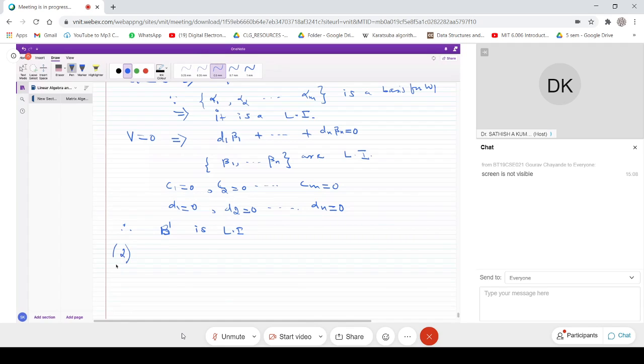Now the second thing we have to show is that B prime is a spanning set.